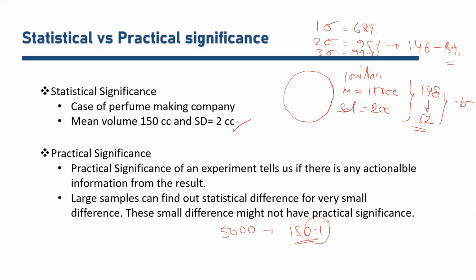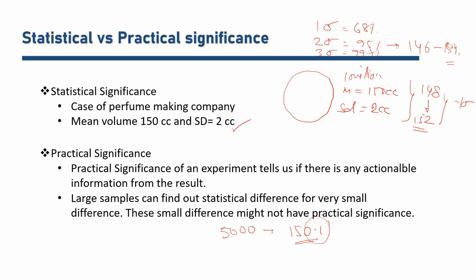And in some cases, if the price of the perfume is very low and the company is making, say, only 200 bottles every day, it might not make any sense to stop the production and do the readjustment, right? So this is what we are trying to understand through this course of hypothesis testing, so that we find whether the statistical difference between two different items, or from one item, makes sense to draw any practical significance out of the data.